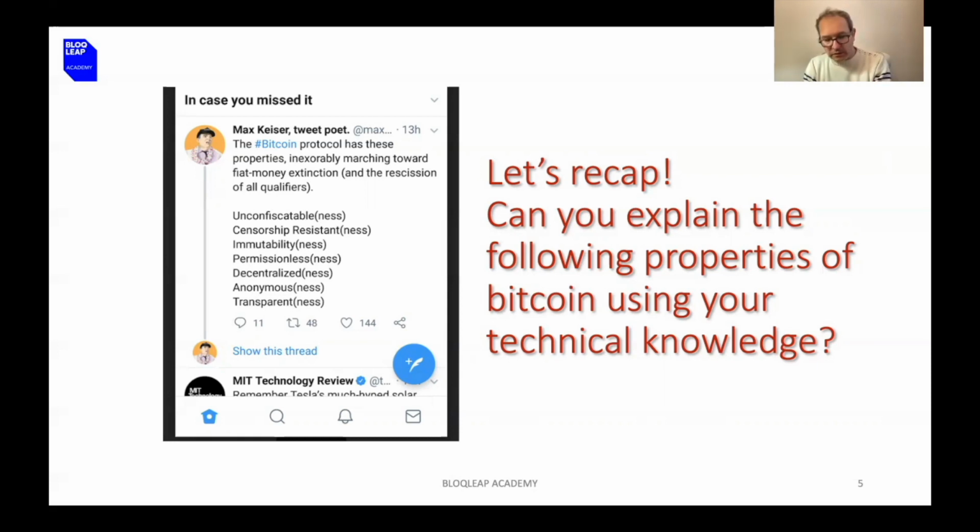Anonymous, I would disagree with Max Kaiser on that aspect, because Bitcoin is really not anonymous, it is, I would say, pseudonymous, meaning that in the blockchain there is no picture associated, your face or your address or your phone number is not associated to your Bitcoin, but it's possible to retrace the history of a Bitcoin.